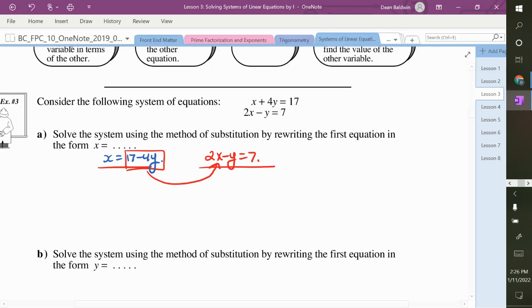So then this equation becomes 2 times, and where the x was, that is now 17 minus 4y. And then there's this negative y here.